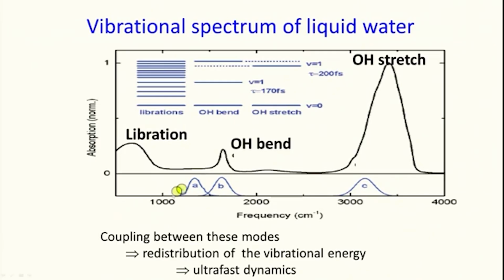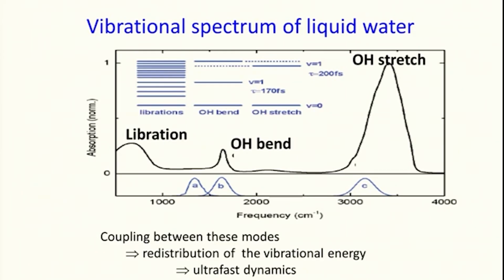So, first of all this librational mode comes up, which is not there for an isolated water molecule, and we saw that these modes are all coupled, meaning if you can excite one mode, then the vibration energy gets redistributed on an ultrafast time scale into other modes as well. I hope we all remember this discussion that we had.